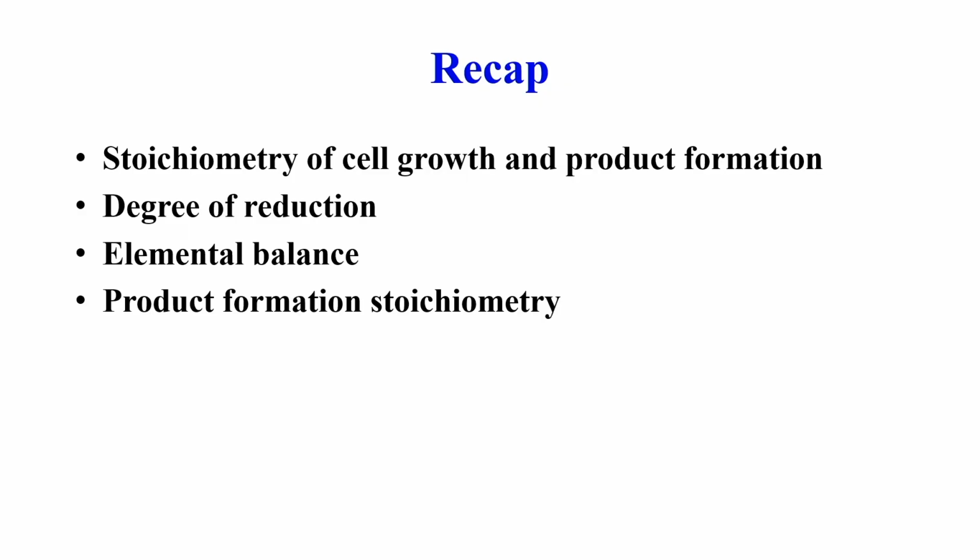We discussed the stoichiometry of cell growth as well as of product formation. To balance the stoichiometric equation, we used the carbon balance, hydrogen balance, nitrogen balance, oxygen balance and the respiratory equation.